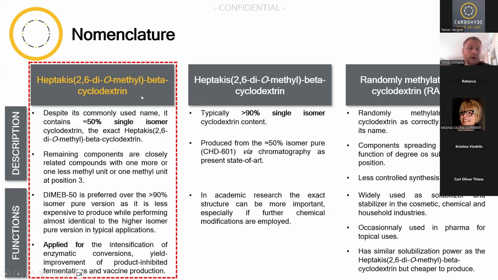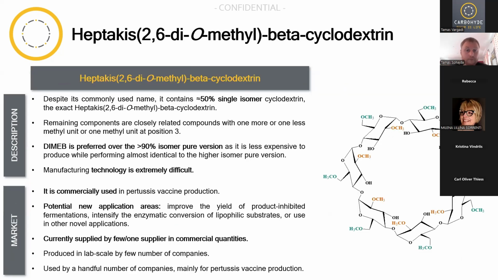So making this product is not easy and needs very special knowledge and a special production process. And in the nomenclature, these two products are usually mixed with each other, and that leads to a lot of confusion in this field that seems very difficult to overcome.